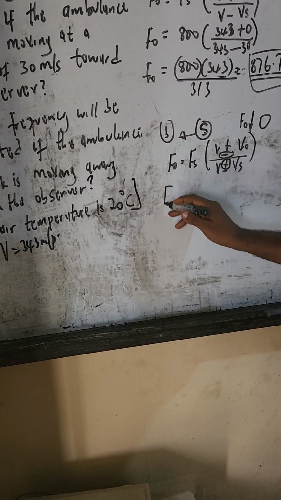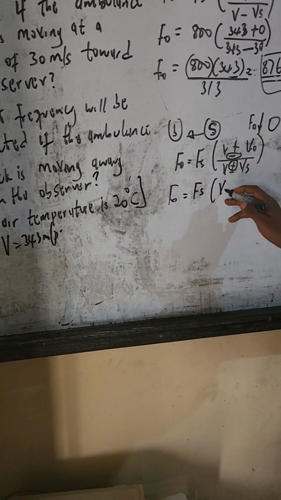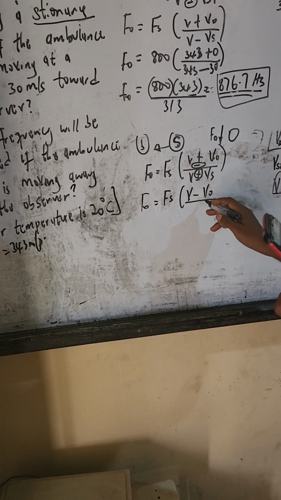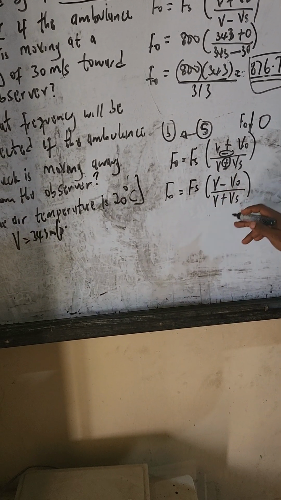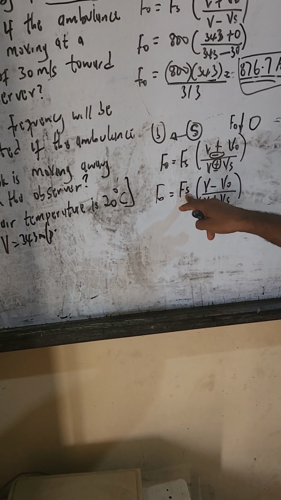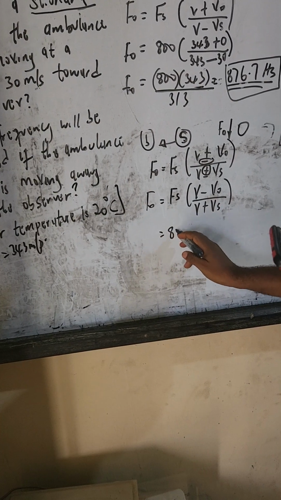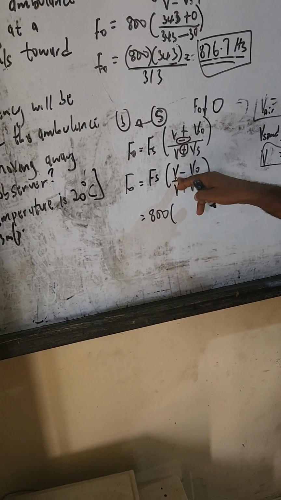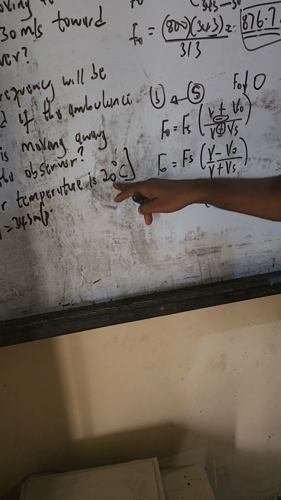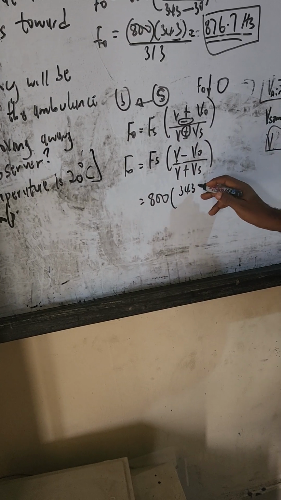So in a nutshell, we are going to have this equation for the second problem: V minus V0 divided by V plus Vs. Now, the frequency of the source is still 800 Hz. So we put 800 there. And then velocity of sound at that temperature of 20 degrees Celsius is 343, using that equation I gave the other time. Then take away velocity of the observer.